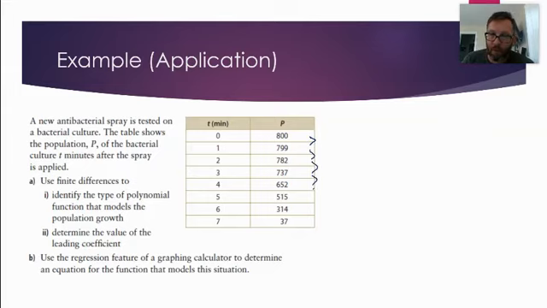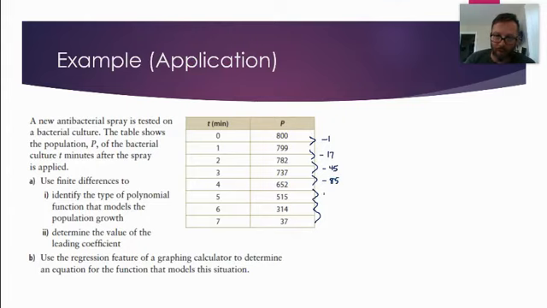Find the first differences. Down 1, down 17. Oh boy, these are big numbers. I can see myself getting into trouble. Down 45. Down 85. I'm going to check that one. 652 minus 737. Yeah, down 85.